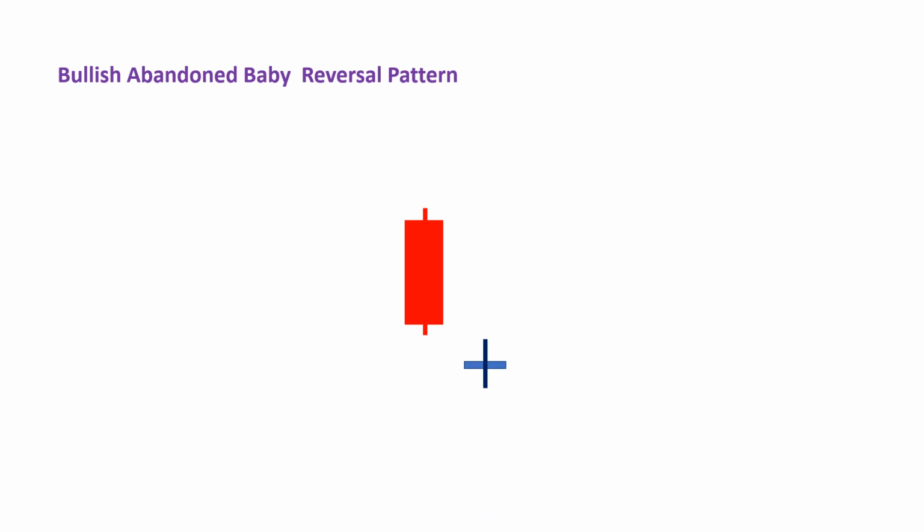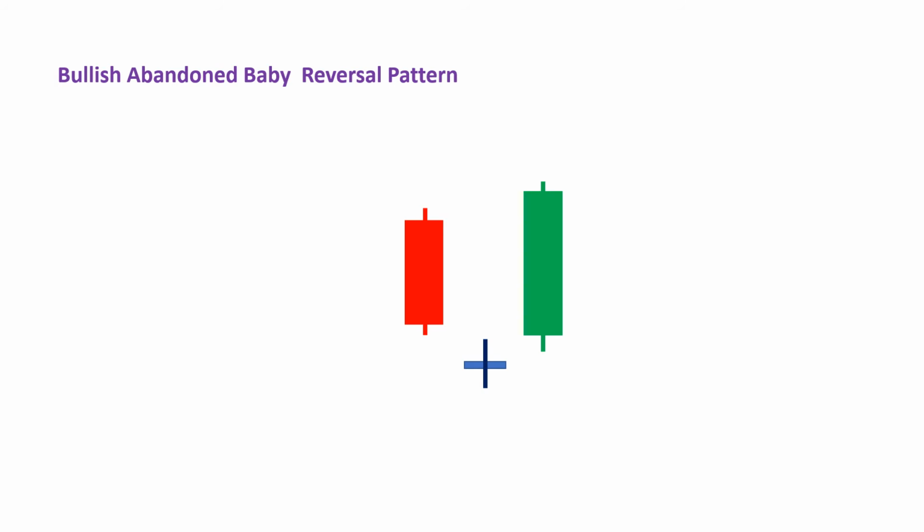The second candle is a doji, which gaps down in relation to the first bearish candle. It has a small body indicating that the opening and closing prices are very close to each other. This reflects market indecision, and the third candle is a bullish candle indicating a strong upward move.